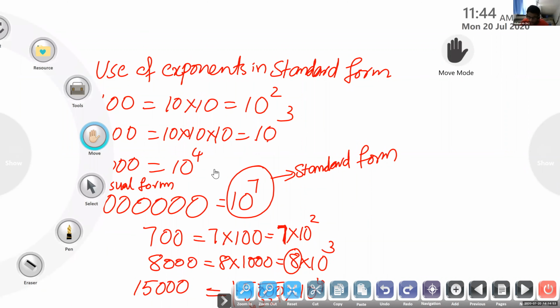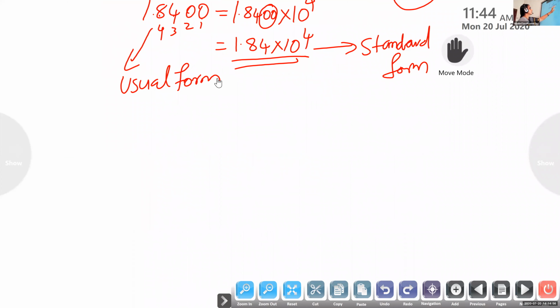Now we will do some more examples. Write in the standard form.